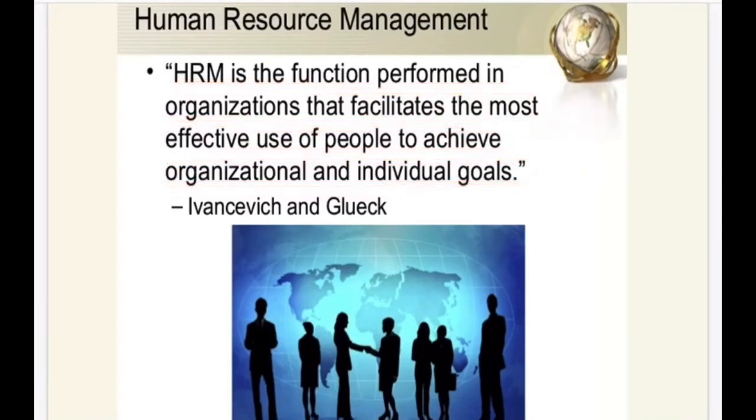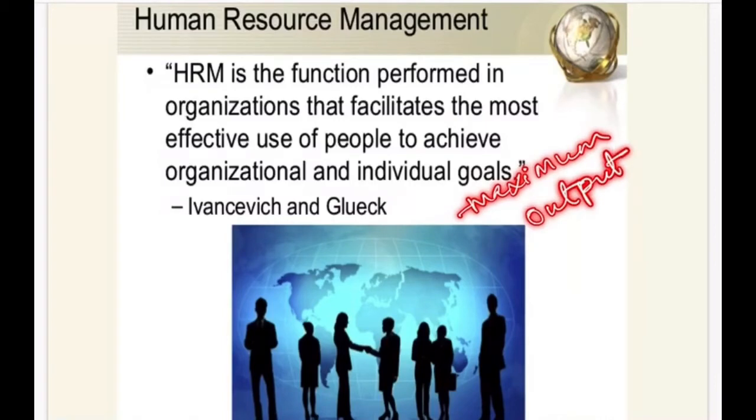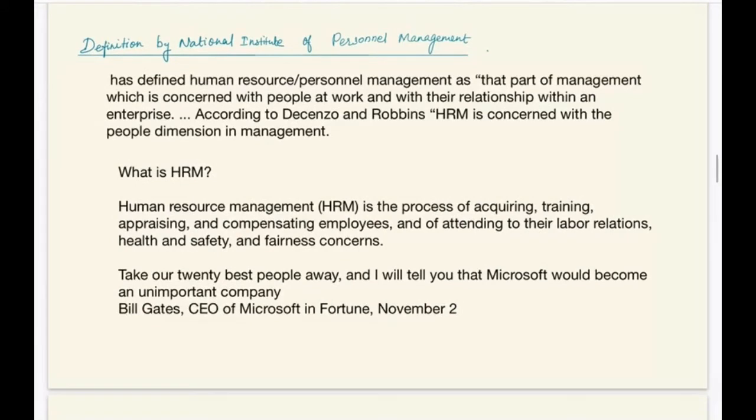So we need to use human beings and get the most effective use. We need to get the maximum output. Maximum output from a person is called human resource management. Output in the sense, quality outcome of an individual.